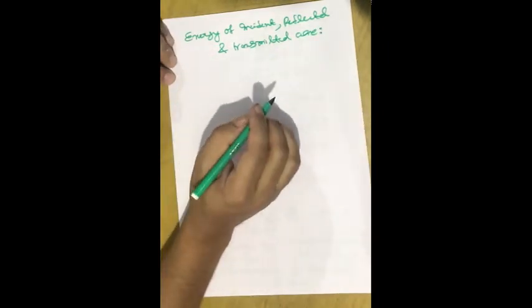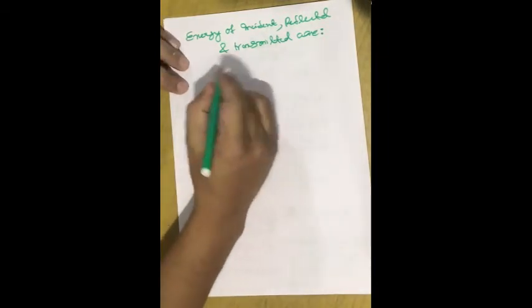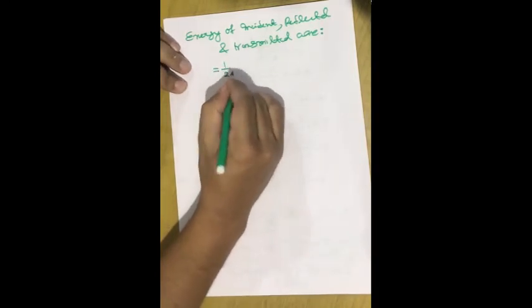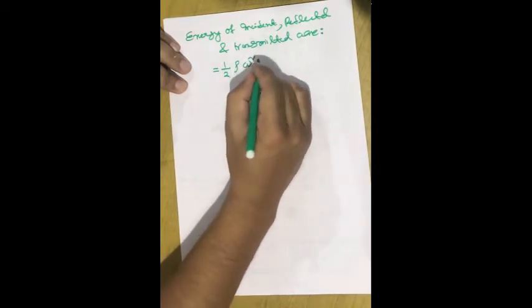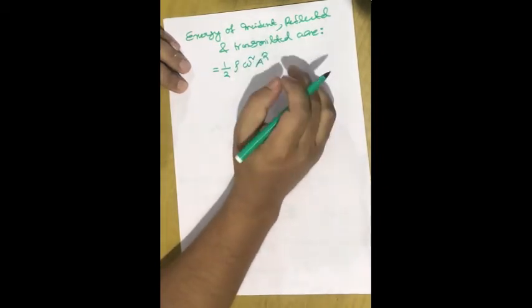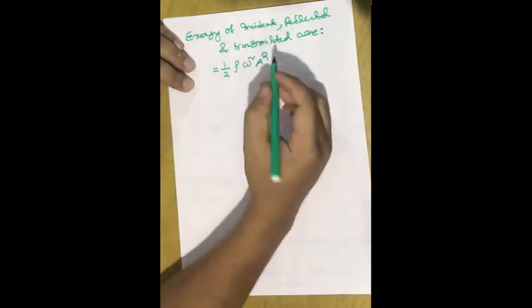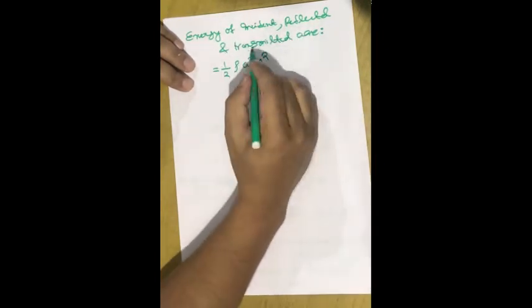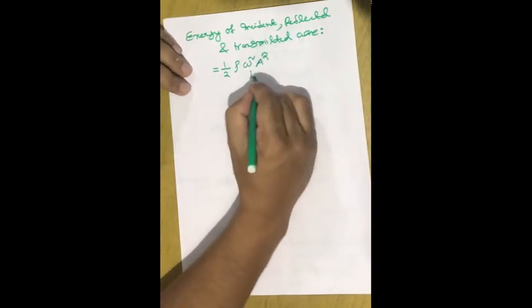So we know that the average energy which the wave carries in case of a transverse wave is given by half into rho, as you can remember, omega square into a square. This is the average energy which the transverse wave carries, whether it is an incident wave or reflected wave or transmitted wave, it doesn't matter.